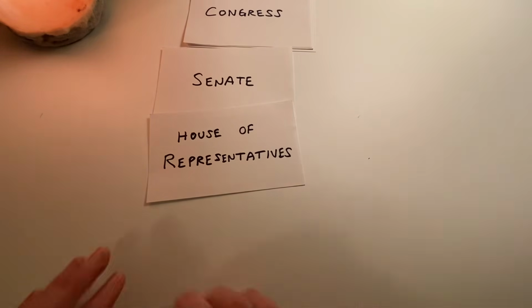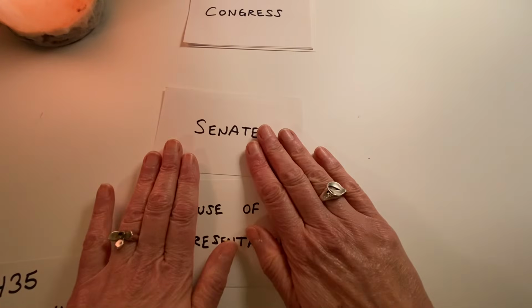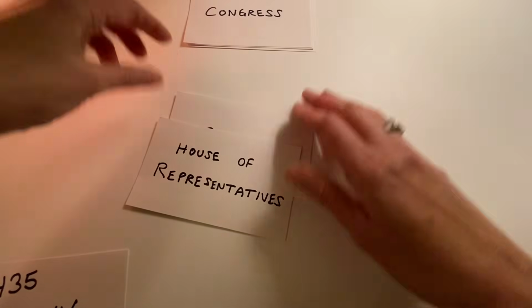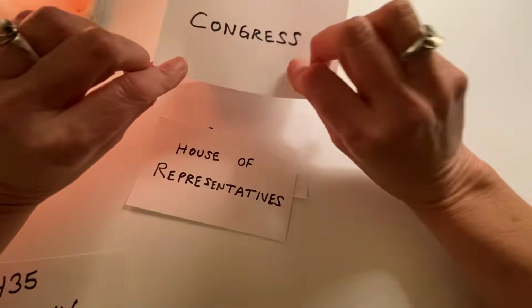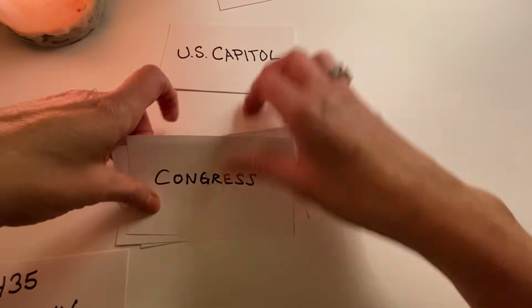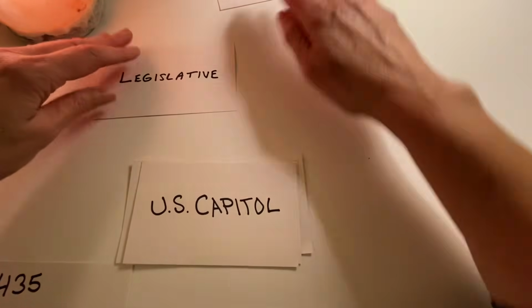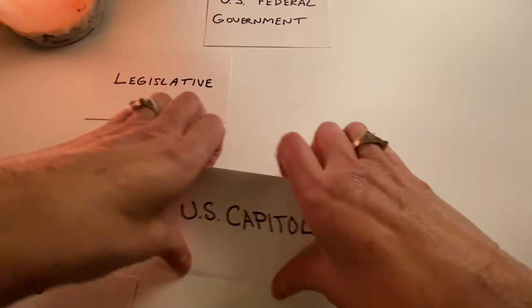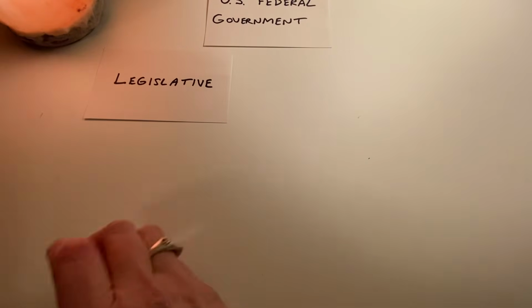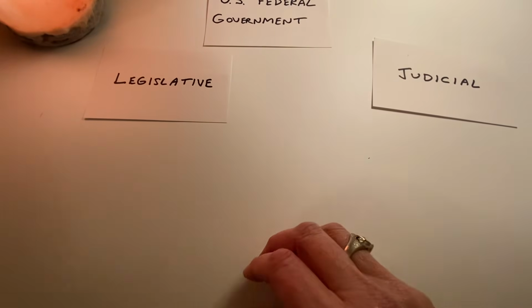So we have 435 members of the House, 100 members of the Senate. Those two make up our Congress, and they meet up at the U.S. Capitol. And that is the legislative branch. Then we have the judicial branch.